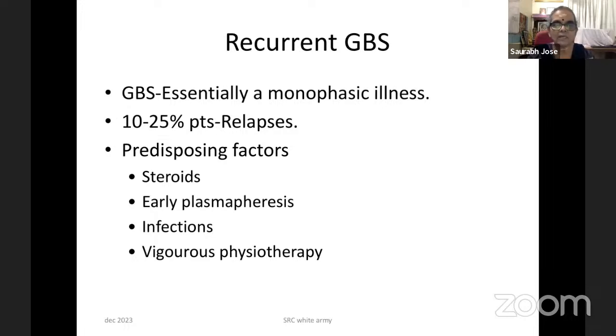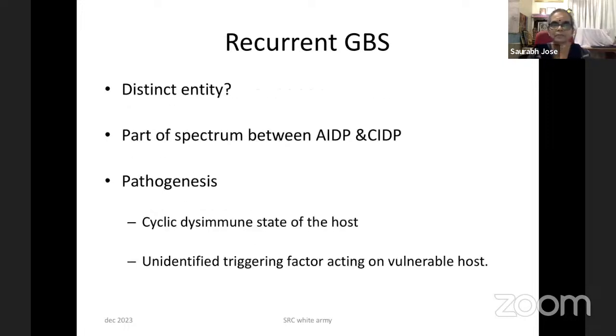But if steroids are used, it is said that they have a tendency to have recurrent GBS. And with early plasmapheresis, the antibody synthesis is not completely arrested, so they can have another relapse. And persistent infection and vigorous physiotherapy are postulated as causes for recurrent GBS.